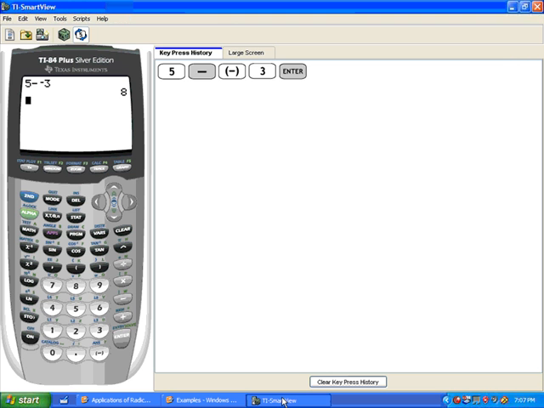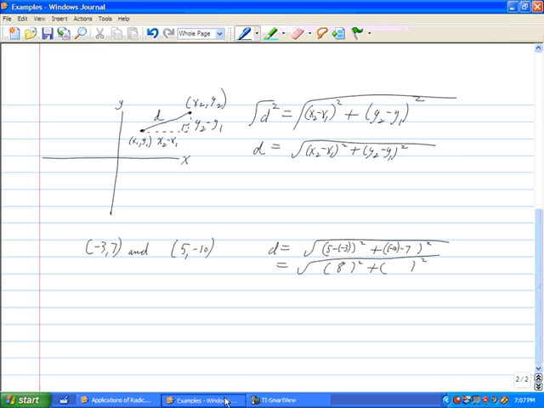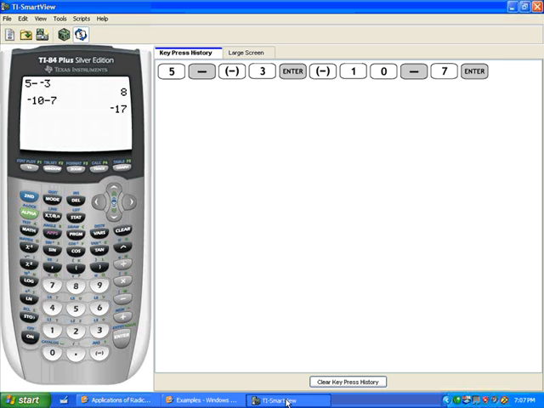-10 minus 7 will give us a -17. Now we have to square both of those. 8 squared is 64. The -17 squared we might need the calculator's help with.